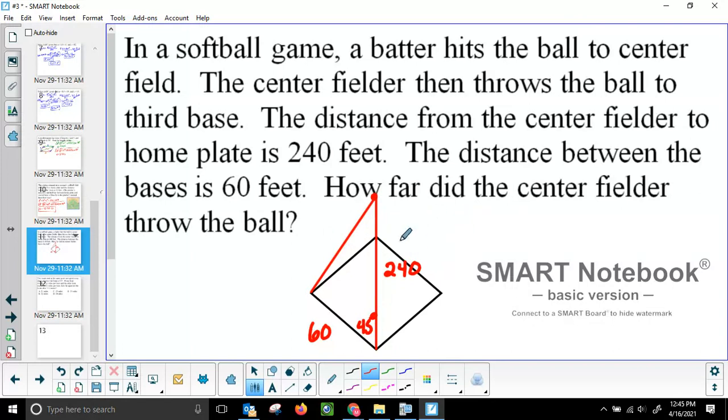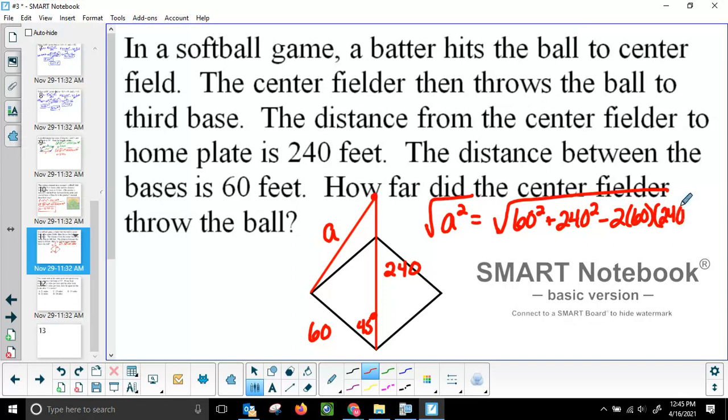If we call this side A, then it's eventually going to be the square root of 60 squared plus 240 squared minus 2 times 60 times 240 times the cosine of 45. So you just plug that into your calculator, hit enter, and you're done.